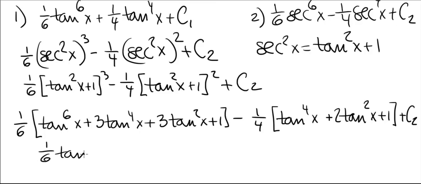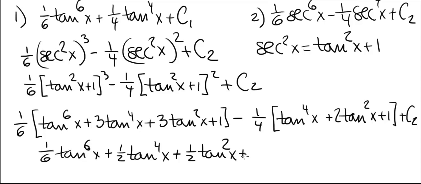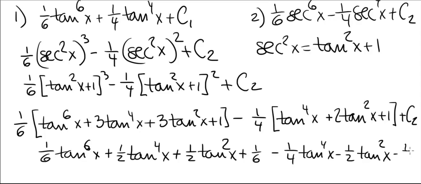So here's what we have. 1/6 tan to the 6th, plus 3/6, which is 1/2 tangent to the 4th, plus 1/2 tan squared, plus 1/6, minus 1/4 tangent to the 4th, minus 1/2 tangent squared, minus 1/4, plus c2.